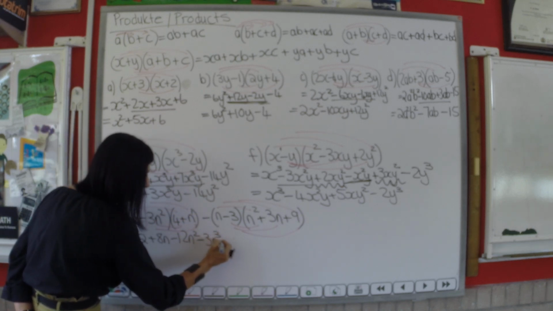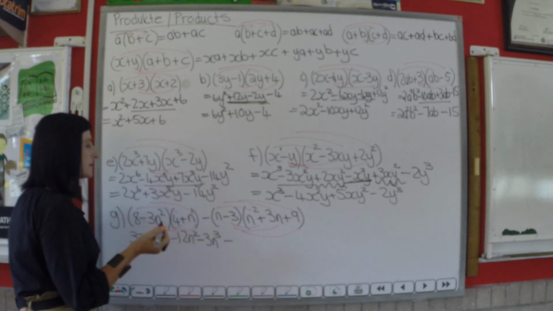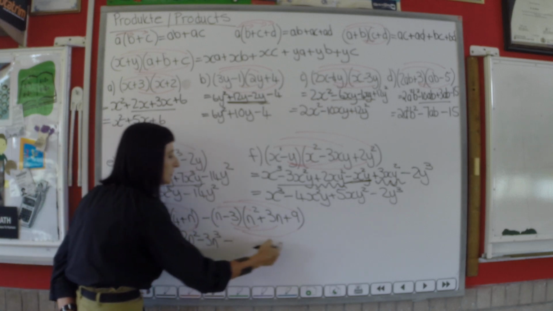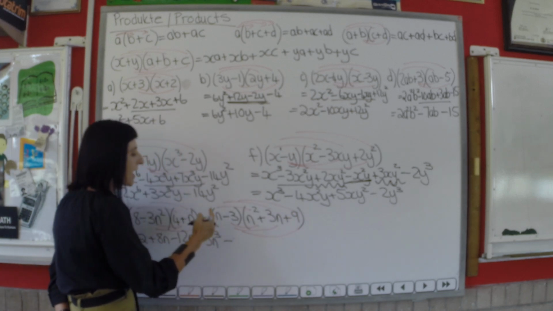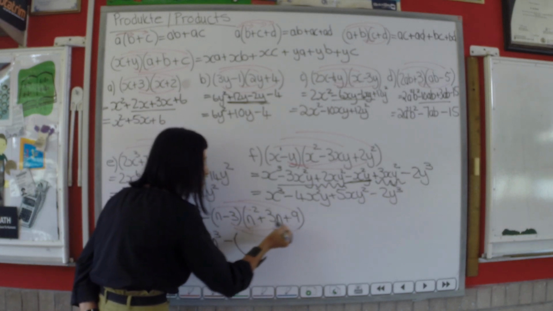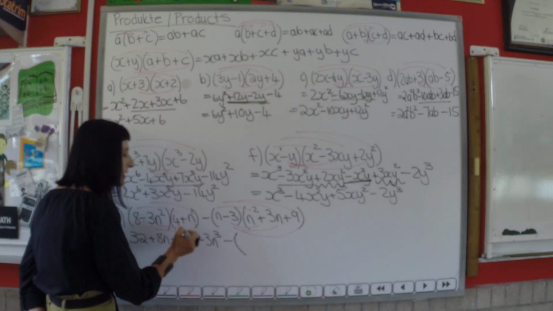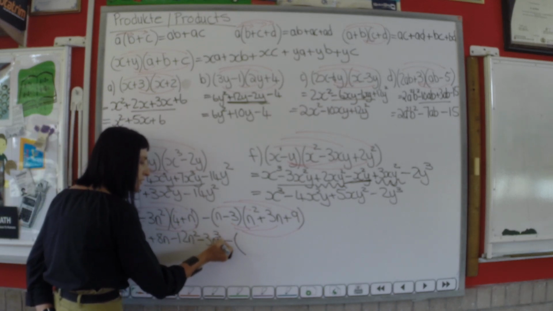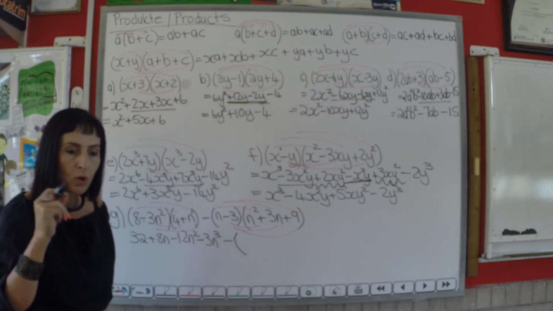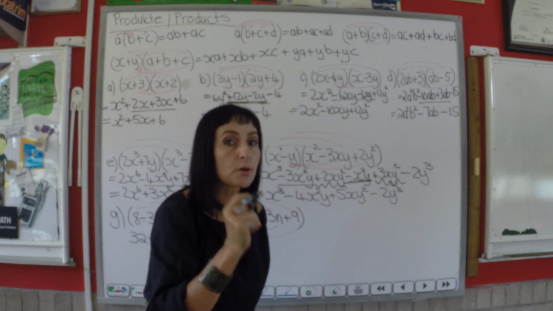Now be careful. There's a minus and because of order of precedence, I've got to do this multiplication first. So very important, you must put a bracket because there's a minus, and if you can recall, I've warned you that the minus can give you problems.